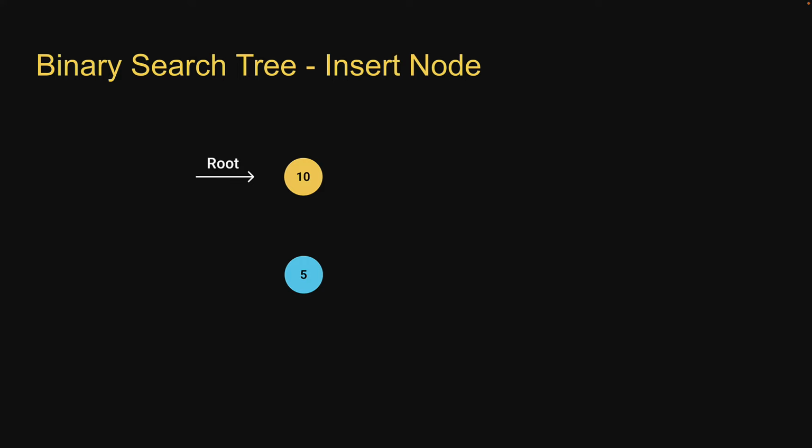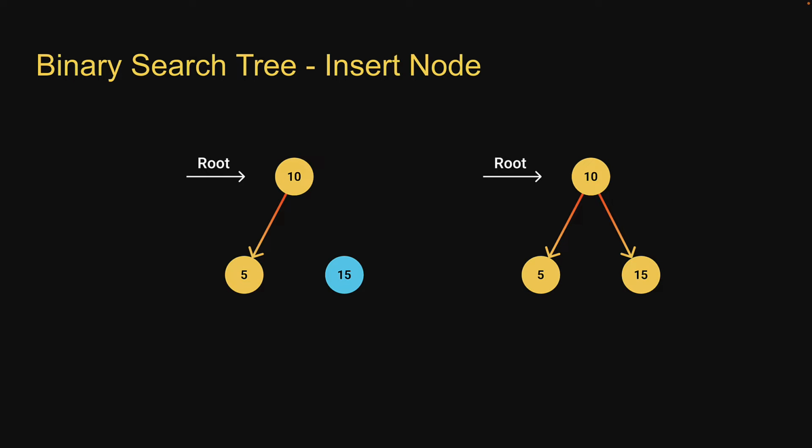The left child should contain a value lesser than the parent, and the right child should contain a value greater than the parent. And this is the check we make while inserting. If we are inserting 5, we see that it is less than 10 and insert it as the left child node. If we then try to insert 15, it is greater than 10, so we insert it as the right child node. Very simple, as you can see.